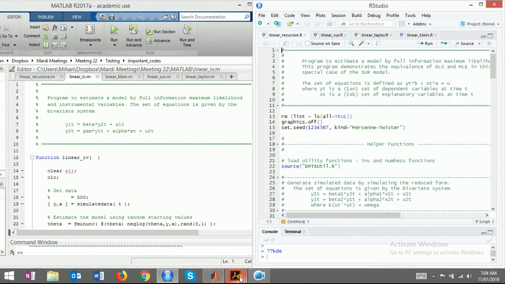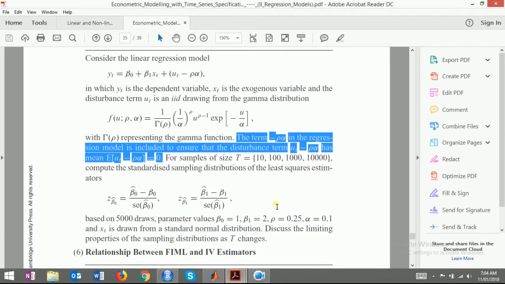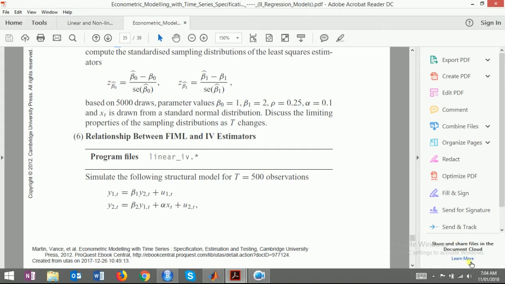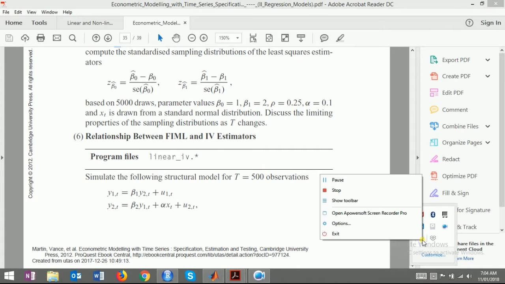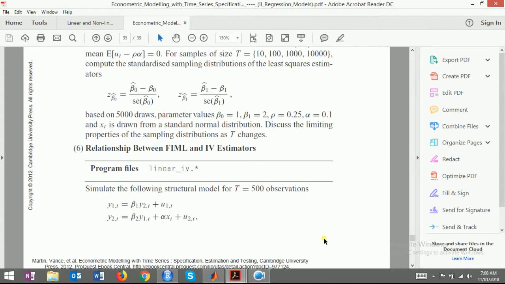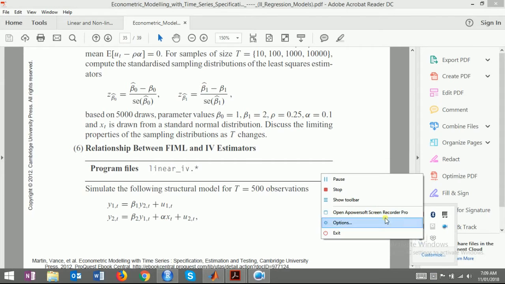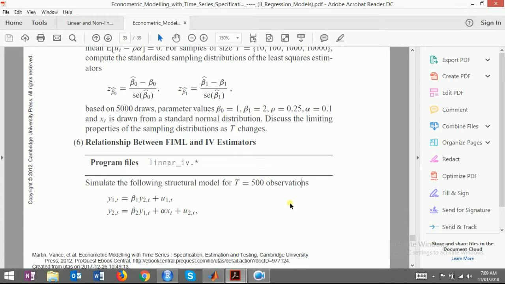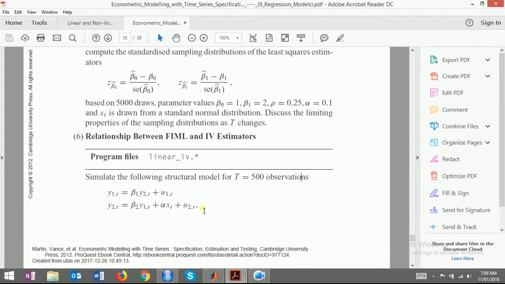Now next problem is 6. Okay, number 6 is to find relationship between full information maximum likelihood and instrumental variable estimator. So simulate the following structural model for 500 observations.